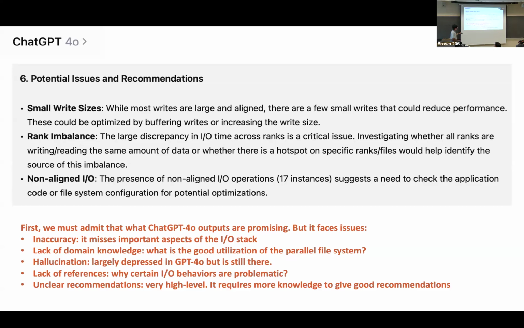For example, I think this one is not clear, but we do have some other examples where they falsely claim that if the application is doing write sizes between this size and this size, then it will all be correct, it will all be optimal. That's a hallucination because that size range is normal.